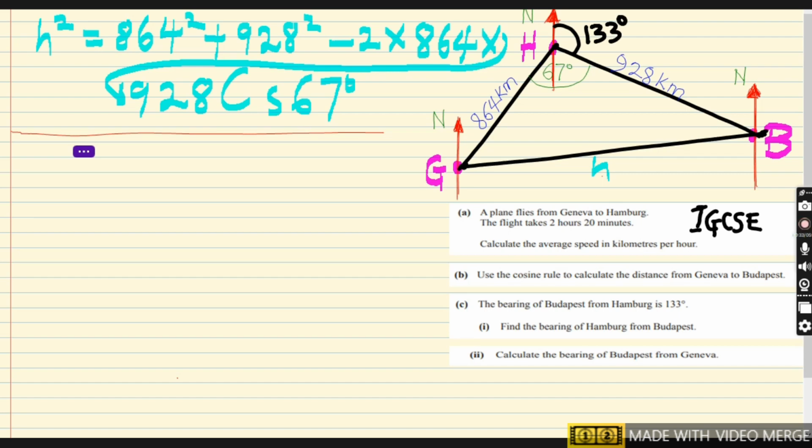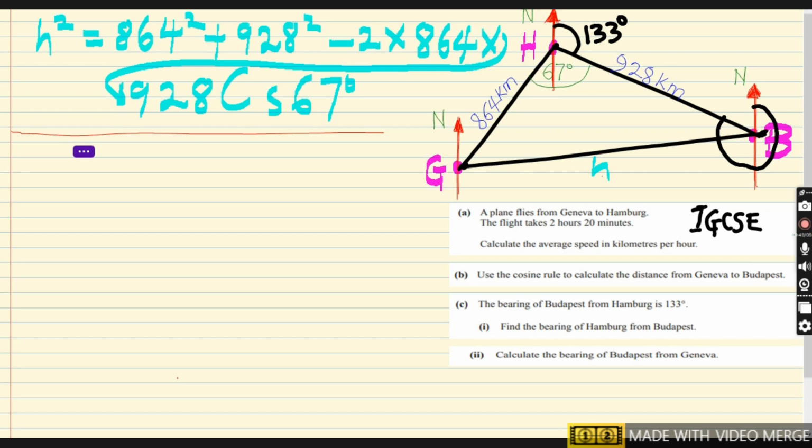That's according to what we're given. Alright, now finding the bearing of Hamburg from Budapest. That means from the north here down here. That is the angle we want to find now.